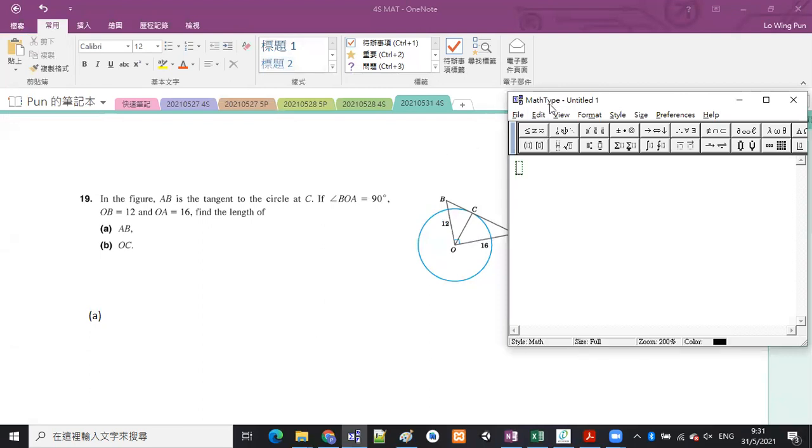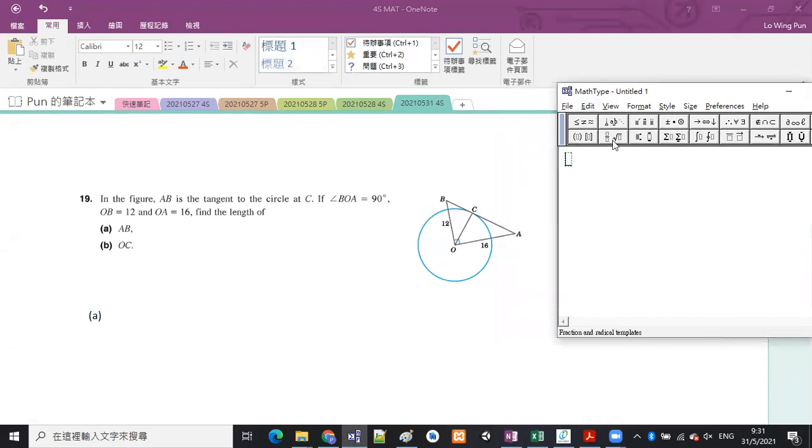So we have triangle OAB being a right angle triangle, and then we have length 1 to be 12, length 2 to be 16. The question just asks us to find the length of the third side. Because it's already given that it's a right angle triangle, we may use the Pythagoras theorem to find the length of the third side.